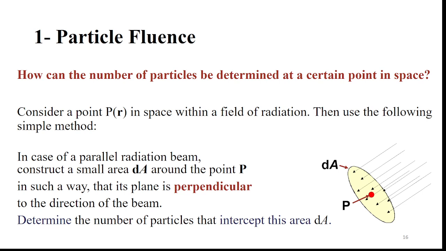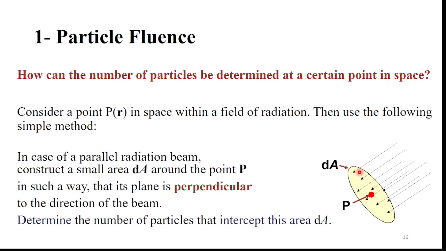So around this point P, we create a small surface area, as you see here in the figure. This is the point P, the point in red. We choose a small surface area, called dA, around this point P. We create this small surface area in such a way that its plane is perpendicular to the direction of the beam.